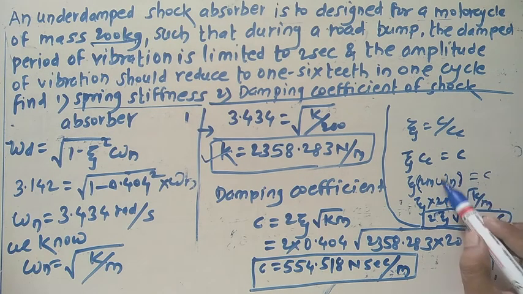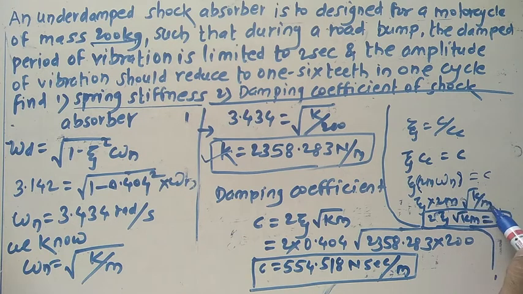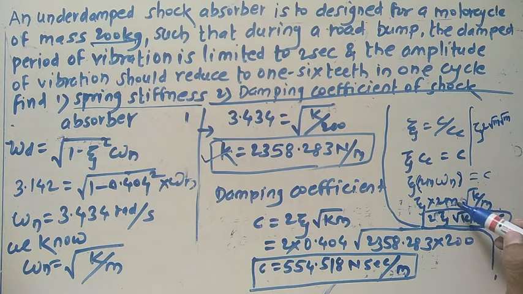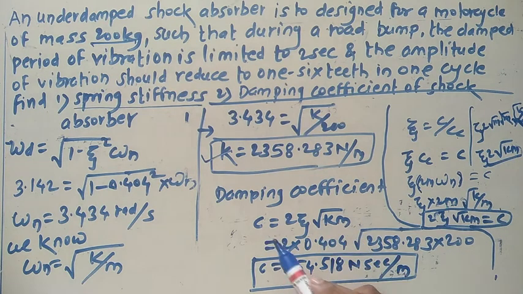If I substitute omega n as square root of k by m, then m as square root of m times square root of m, the product automatically comes to m, multiplied by square root of k by m. So one m gets cancelled, one square root of m gets cancelled, and we get the relation square root of k multiplied by m. In this way I can write the relation for C.